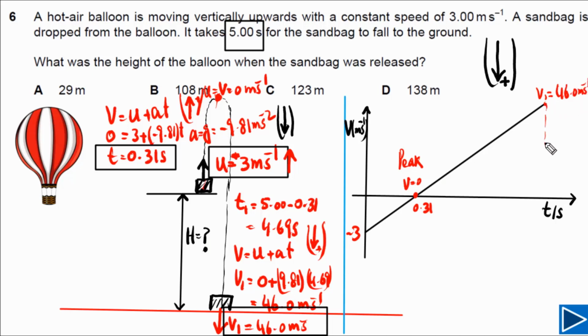And the total time at this point is equal to 5.00 seconds. Now if we look at this area between v and t, this is the displacement from this point to this point.